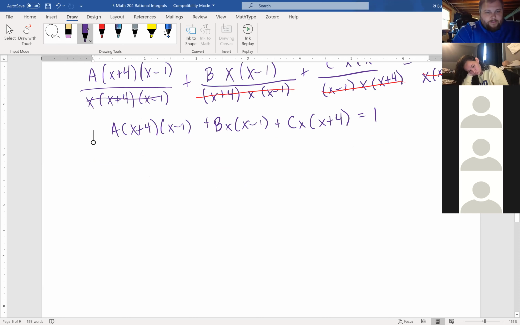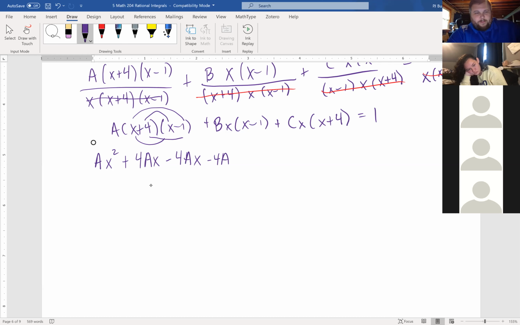So this is going to be a times, this is going to be x squared. Then I'm going to get a times 4 times x. Right, so that was that term. Then I'm going to get minus 4ax. And finally, minus 4a.